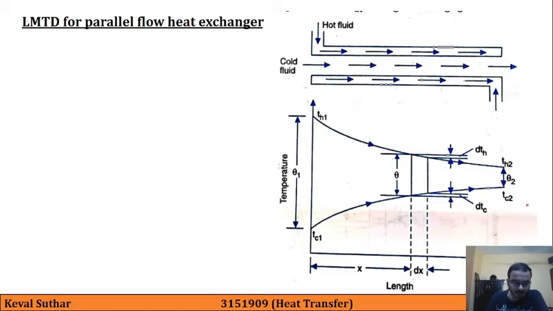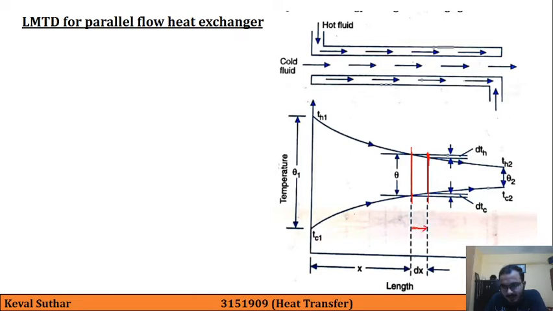Now what we are doing here is considering a small element of heat exchanger, that is from here till here, and here the length of the cross section is up to this.